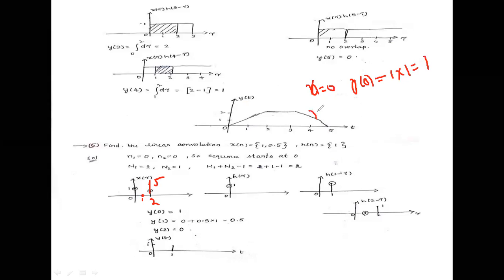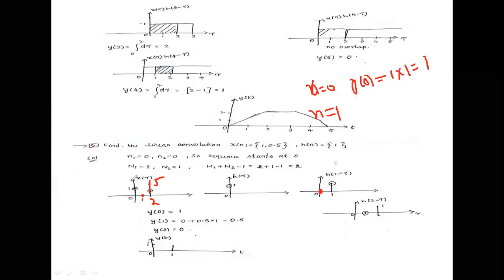And the next value, n is equal to 1. N equal to 1 means here h of n minus tau. Adding the value 1 minus tau means you have shifted toward the right side, one sample shifted toward the right side. Now the value 1 is here. Multiply the two functions. There is no change in x of tau.